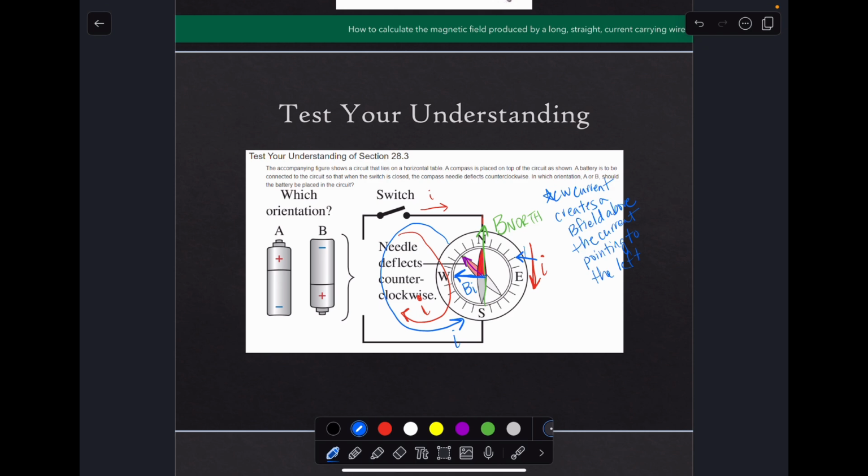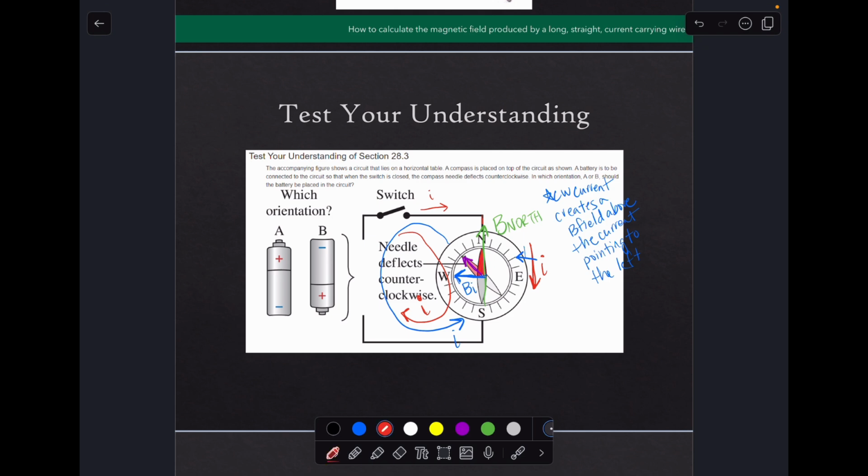Because I point my thumb in the direction of I, and then my fingers are on top of my thumb pointing to the left, as they're making that rotation around my thumb. And so when you add that B field vector to the existing north, you get the purple vector, which is this one. So now the question is, which battery produces a clockwise current?